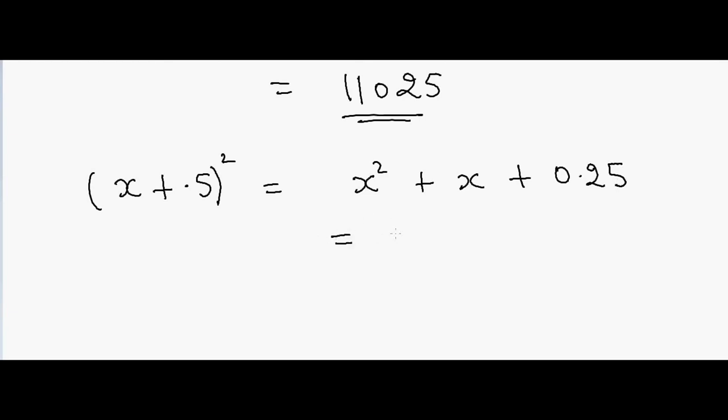So that's how you come up with this method. This is just x square, and then I'm adding x and 0.25 because 25 is always in the end, so this number will always remain constant, and this number will vary based on how the number is changing.